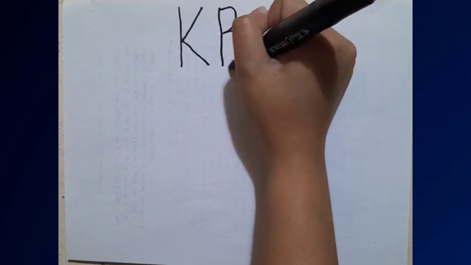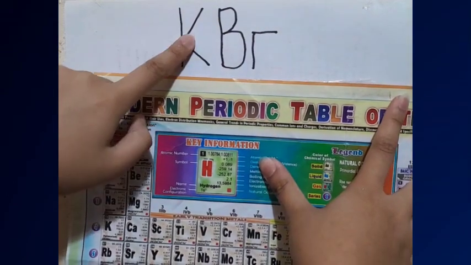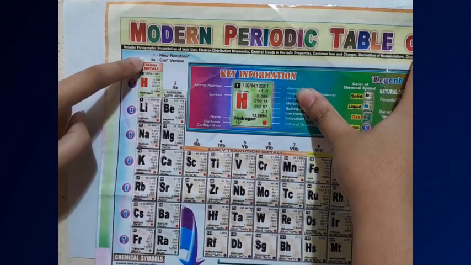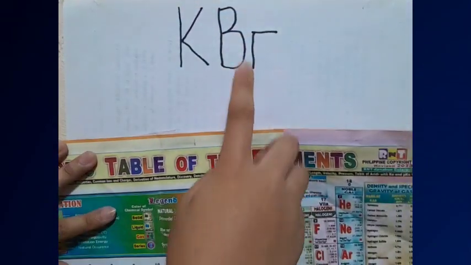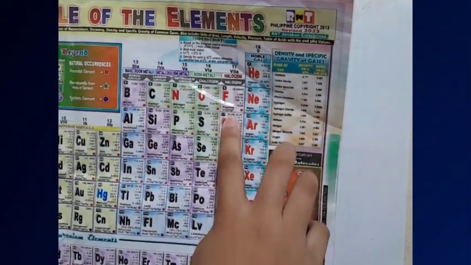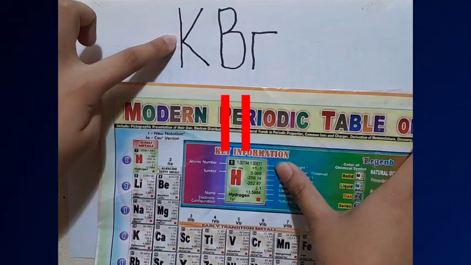We have here the compound potassium bromide or KBr. Let's go back to our periodic table. As you can see, our element K or potassium belongs to the metal group, while element Br or bromine belongs to a non-metal group. This sign already determines that they have an ionic bond.